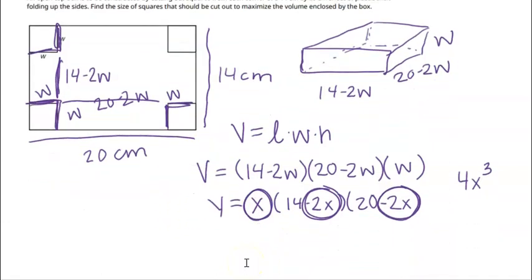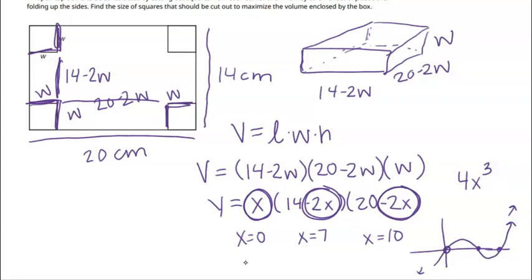My zeros are going to be at x equals 0, x equals 7, and x equals 10. End behavior. And then all of these are just multiplicity of one or linear terms. So it's going to look like that. Therefore, the maximum that I'm going to want to look for is this piece right here.